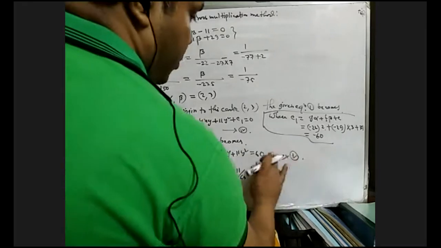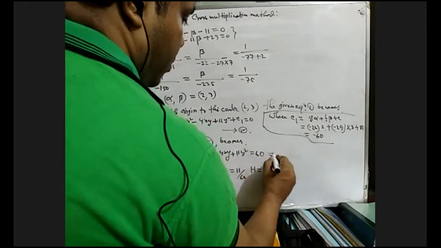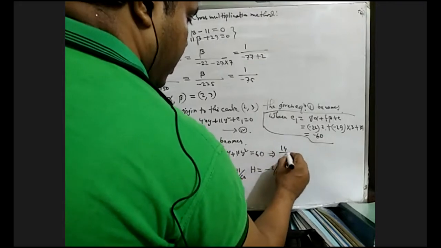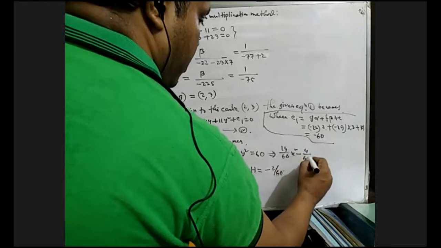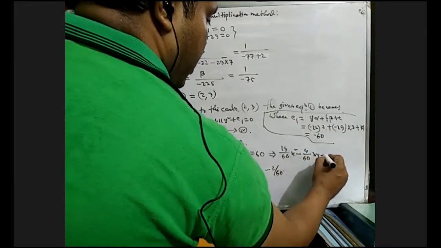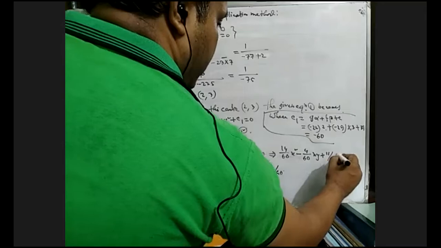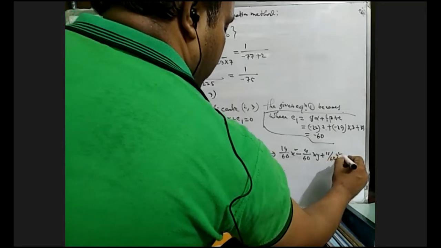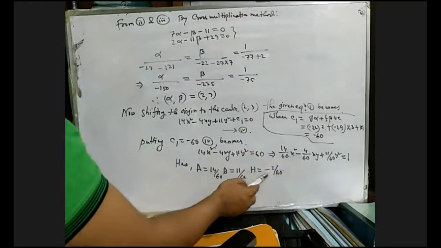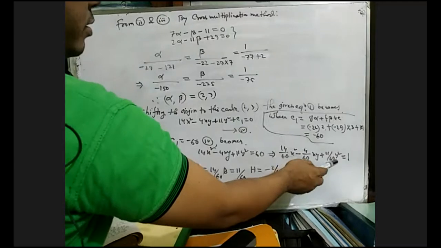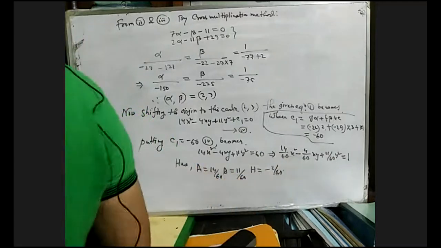That means you have to make it a standard form like this: 14 by 60 x square minus 4 by 60 xy plus 11 by 60 y square equals 1, where a equals 14 by 60, h equals minus 2 by 60, and b equals 11 by 60.